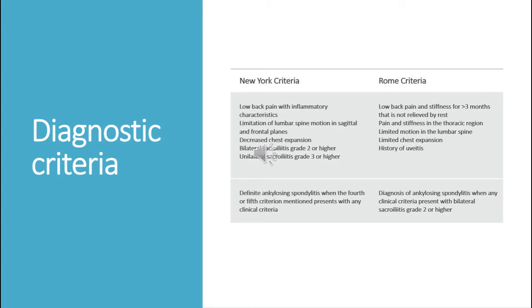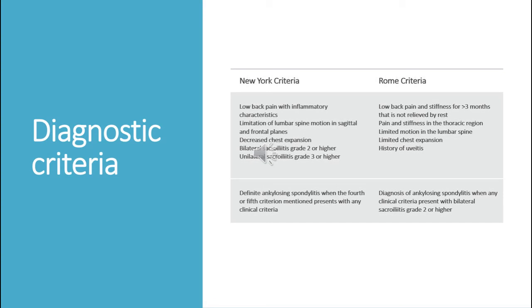Again, in rheumatology, sometimes diagnosis can be difficult. It's very often the case that there is no single silver bullet that will diagnose a condition. So a diagnosis is sometimes incorrect, and sometimes it takes many years to get a diagnosis of AS because it's diagnosed as growing pains or muscle strains or ligament strains or postural problems. But I've just listed here some of the criteria that are very useful.